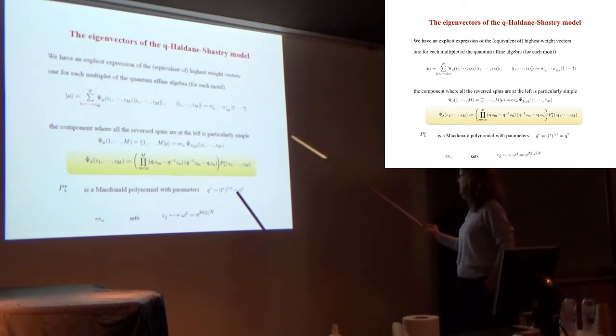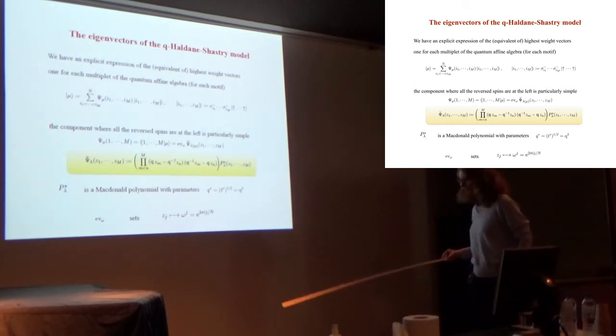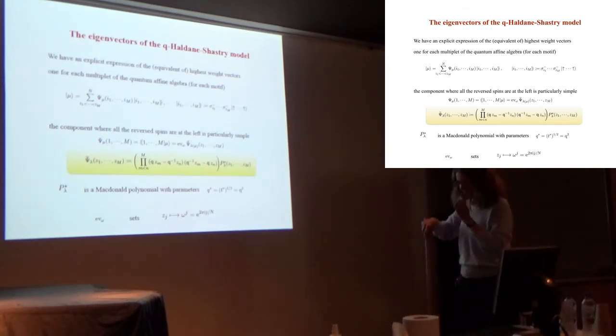And this McDonald polynomial is evaluated at the values of q and t which are given by this formula. One can notice that the relationship between q and t is that which corresponds to the McDonald parameter alpha equal to 1/2.